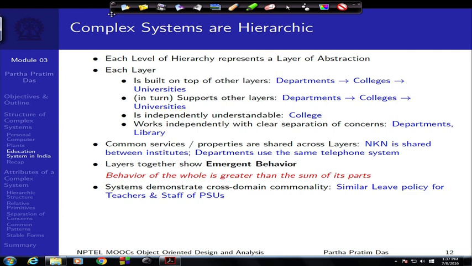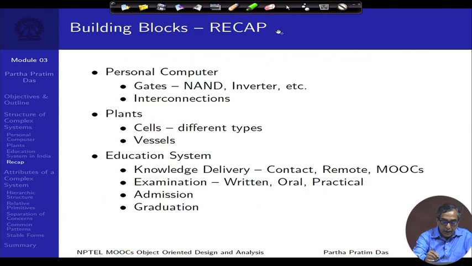So, in short, what we want to conclude from these examples is that there is a whole lot of similarity between all these different kinds of systems, irrespective of whether they are man-made, natural, social, or of other kinds.